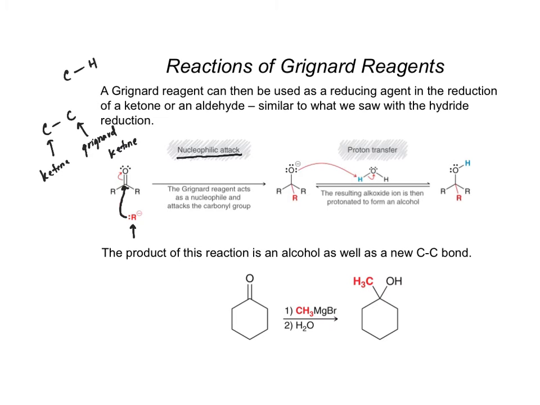Again, that's going to form our carbon-carbon bond here. It's going to push up the electrons in the pi bond so that carbon doesn't have more than 4 bonds, and we're going to be left as an intermediate with our alkoxide.